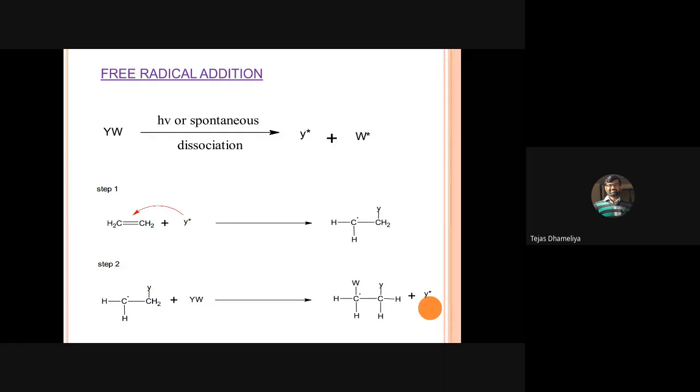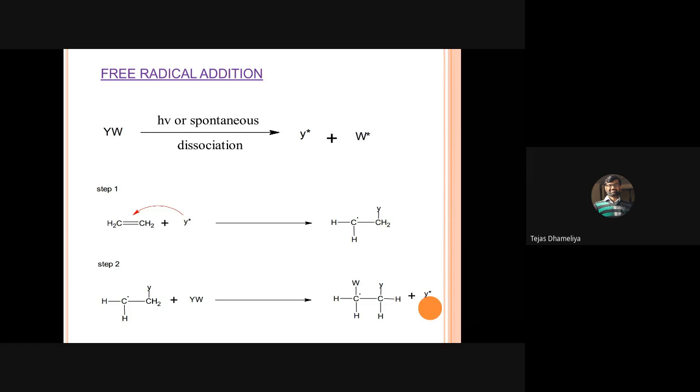And remember these words, anything which is free is always reactive and energetic. India is a free country, so India is reactive and energetic as well. Similarly, other countries are also free, so they are also reactive and energetic. So here we are discussing the free radical species.